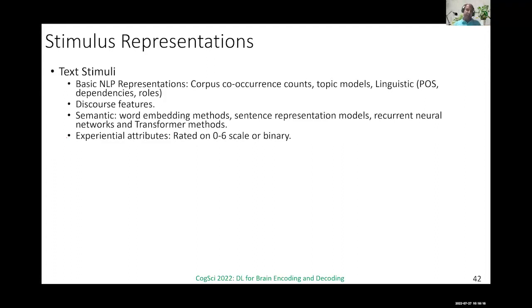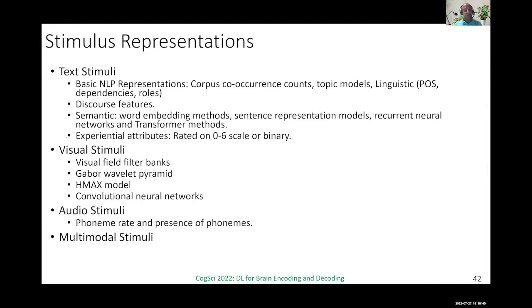Especially in the video data sets, discourse matters, and therefore there are those kinds of features as well. Semantic features in terms of deep learning, like word embedding methods, sentence representation models, recurrent neural networks, transformer methods for encoding in a deep learning sense. And experiential attributes as well, which are more like domain-engineered features.